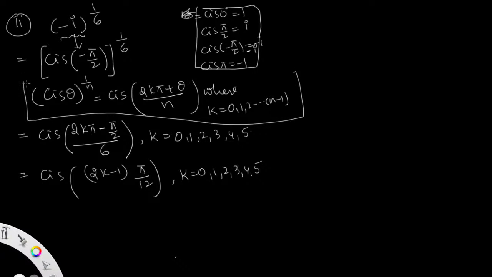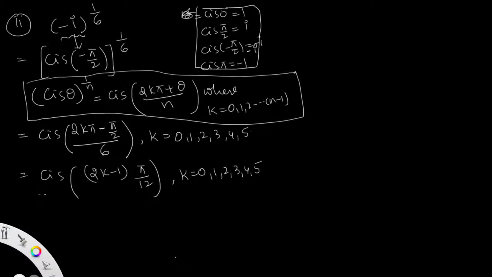Similarly, substitute in this formula: θ is −π/2 and n is 6. It represents 6 values, starting with 0 and going up to 5.